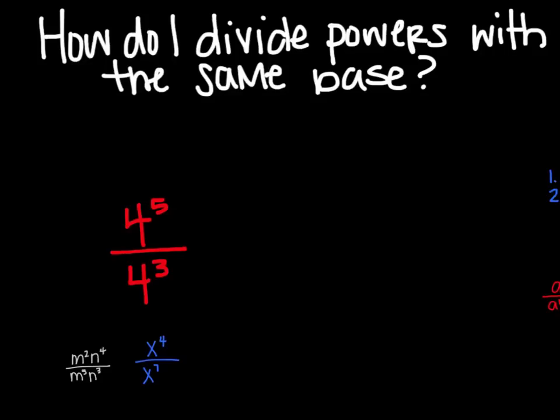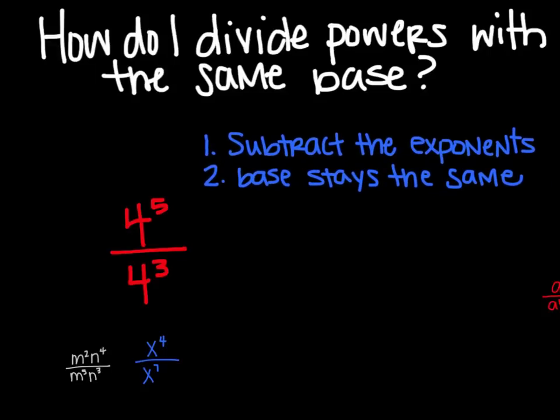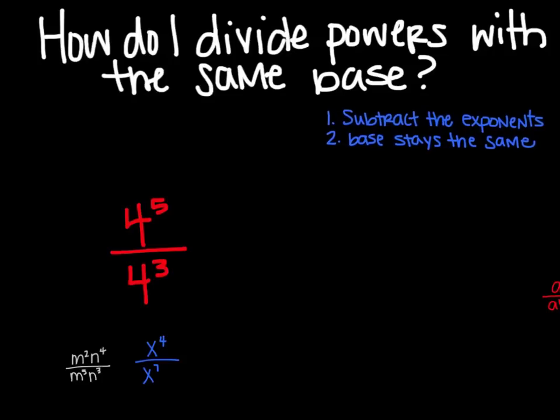Here are the rules. First, you're going to subtract the exponents, and then the base stays the same. And then I will explain why that works here.